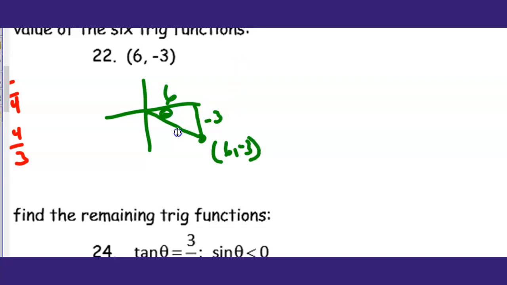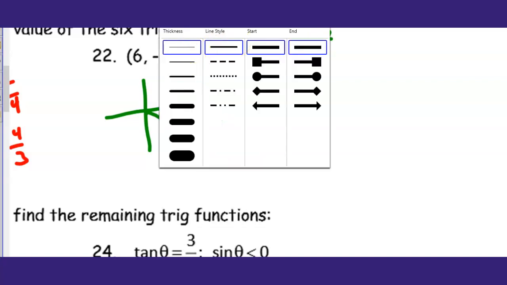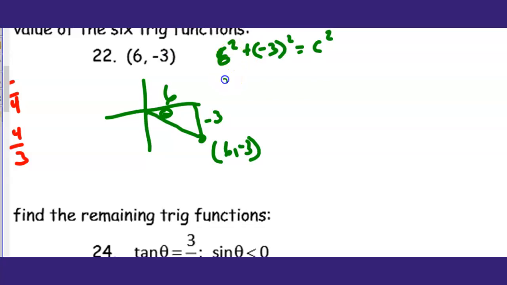Pythagorean Theorem, to find my hypotenuse. 6 squared plus negative 3 squared equals c squared. 36 plus 9 equals c squared. That's going to be 45 equals c squared. And then square root both sides.